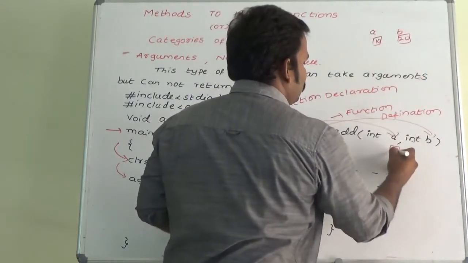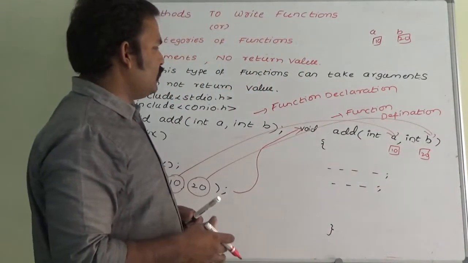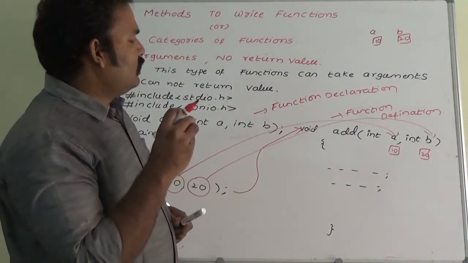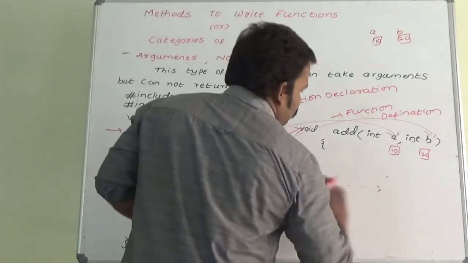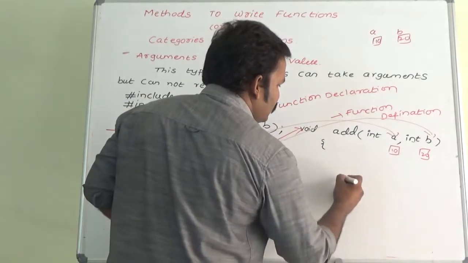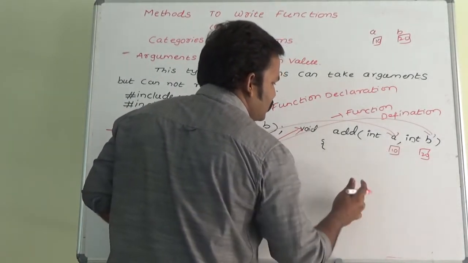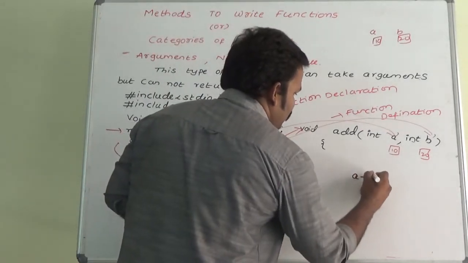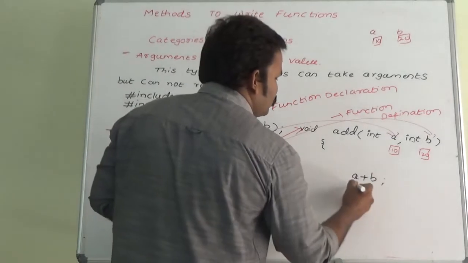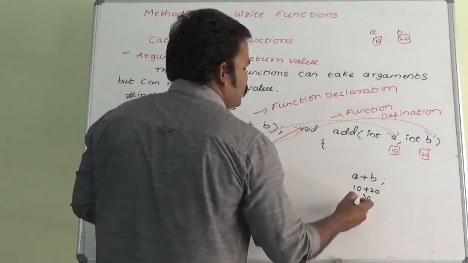Now in the opening and closing braces we have to write the logic of the function. We have to perform the addition operation, a plus b. a value 10, b value 20, 10 plus 20 is 30.